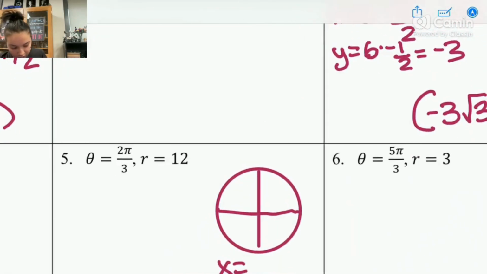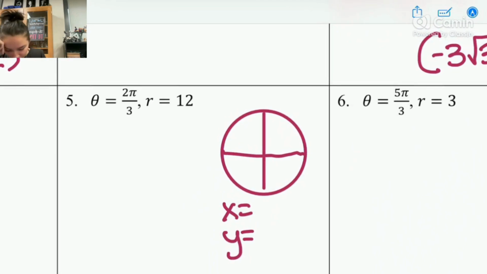Next, we're going to do number 5. So 2 pi over 3 is going to be here. That means your x coordinate would be negative 1/2, and your y coordinate would be square root of 3 over 2.